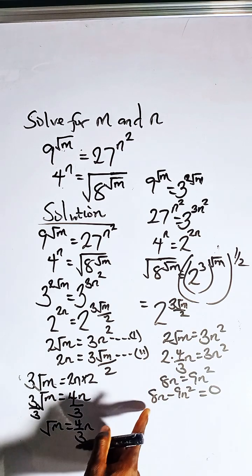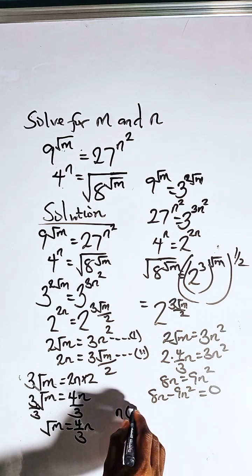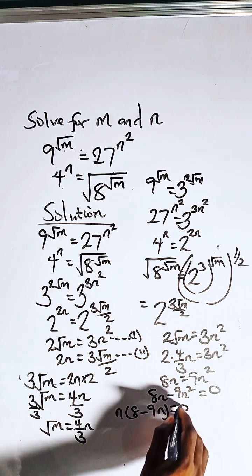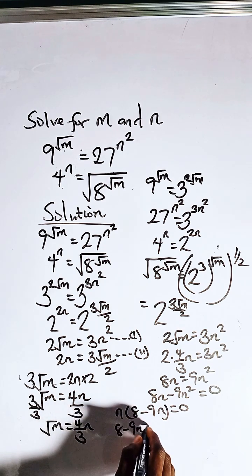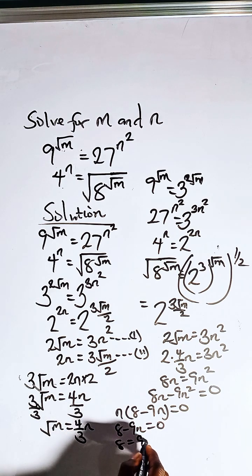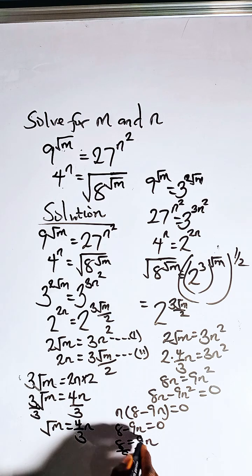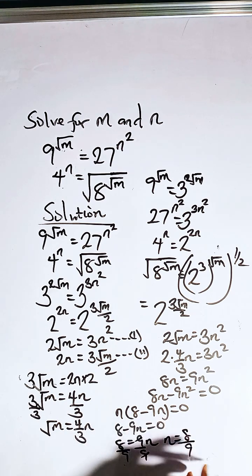What is the common factor? We can factor out n, so we have n times 8 minus 9n equals 0. So we have 8 minus 9n equals 0, which gives 8 equals 9n. Dividing both sides by 9, we have n equals 8 over 9.